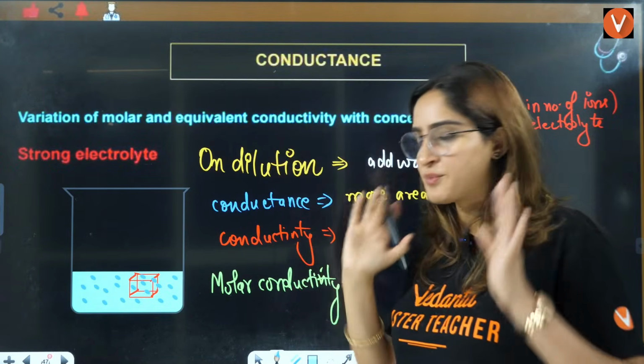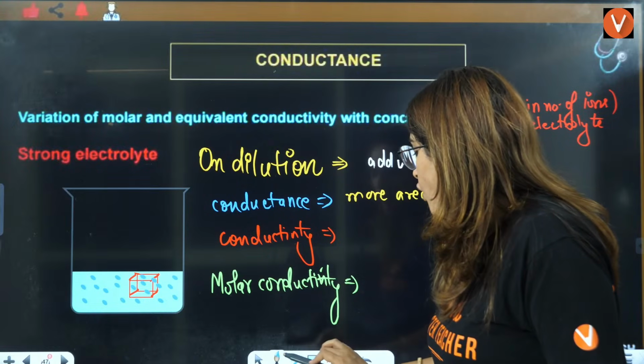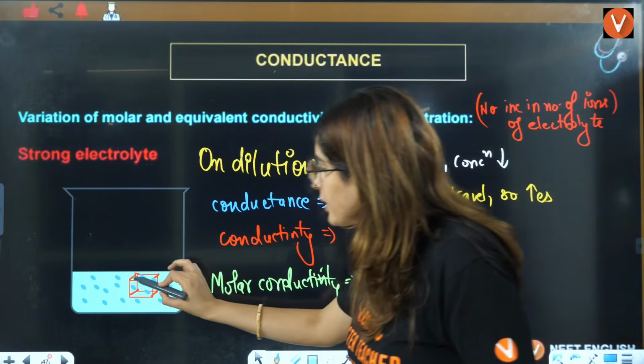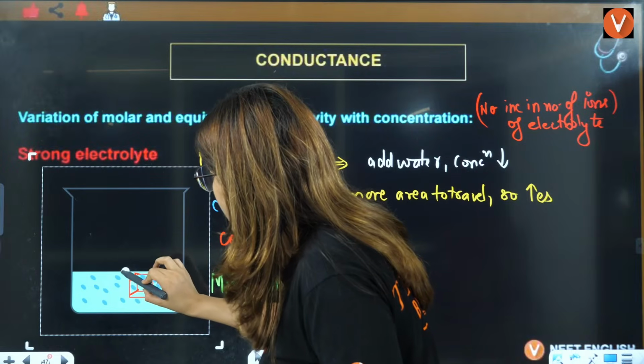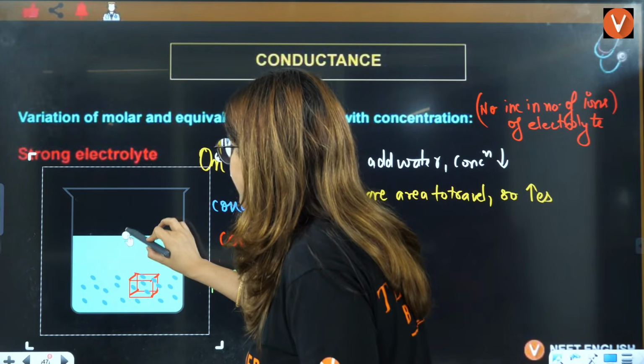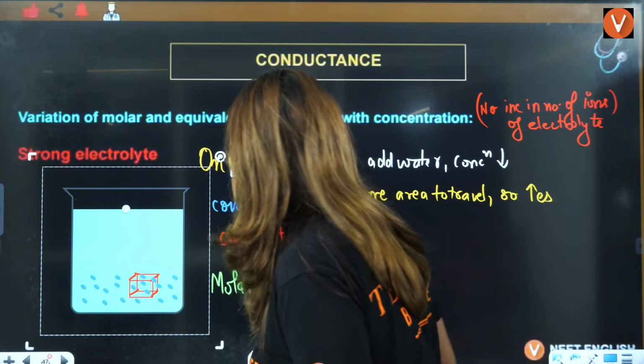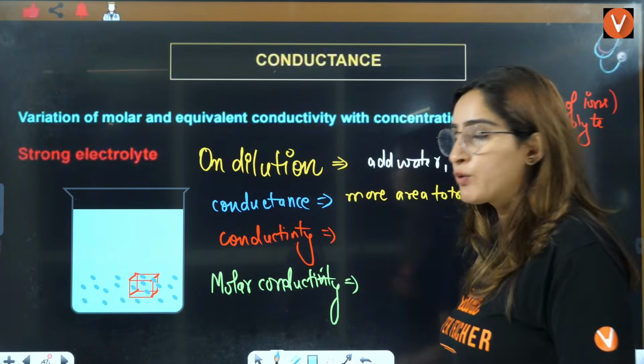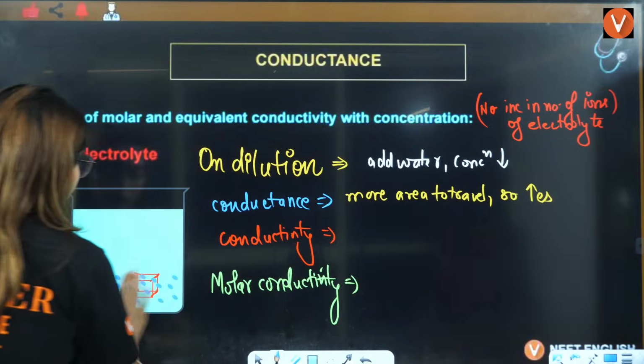Just an assumption. Now, what I am doing is I am increasing the water, right? So if I am increasing the water, what will start happening? Let's say I have increased the water to this much, right? Now I have diluted the solution.